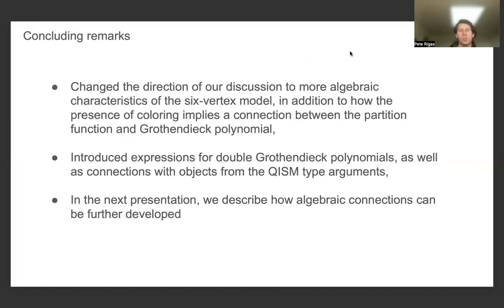And so the concluding remarks that we have are that we changed the direction of our discussion to more algebraic characteristics of the 6-vertex model, in addition to how the presence of coloring implies a connection between the partition function and the Grothendieck polynomial. And in doing this, we introduced expressions for double Grothendieck polynomials, as well as connections with objects from QISM type arguments, and we began to juxtapose at a more broad level different characteristics between these objects.